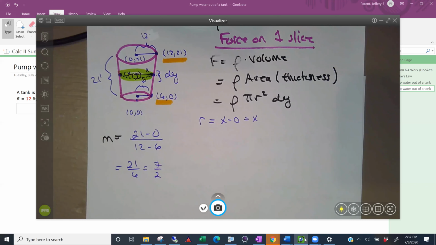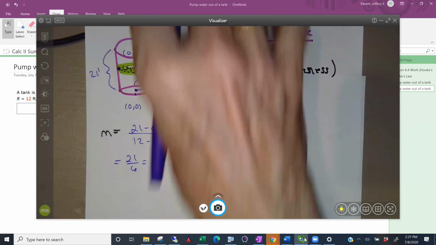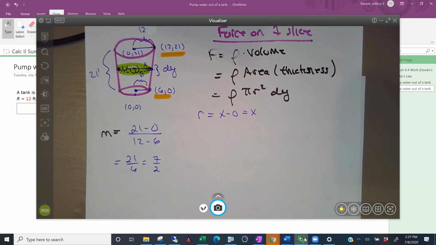So that's the slope. Of course, I'm not done. I need to find the equation of the line, which is y minus y1 equals m times x minus x1.